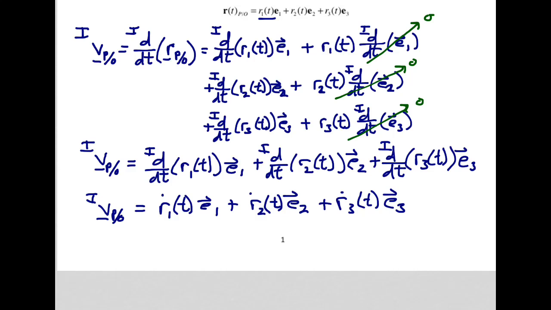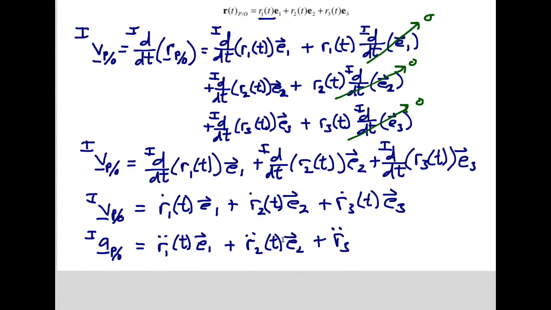Well, the same thing holds for the acceleration if everything is already defined in the inertial reference frame. And so we just say r1 double dot as a function of time multiplied times E1, plus r2 double dot as a function of time in the E2 direction, plus r3 double dot as a function of time in the E3 direction.